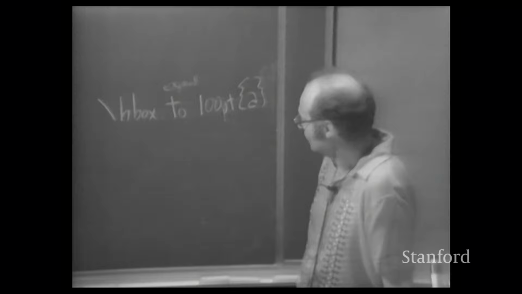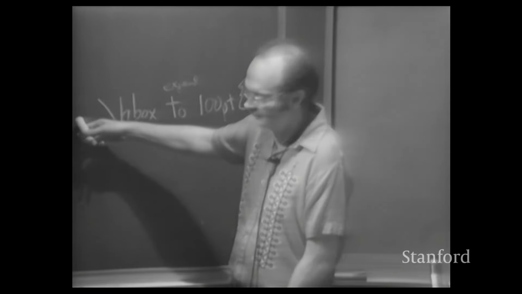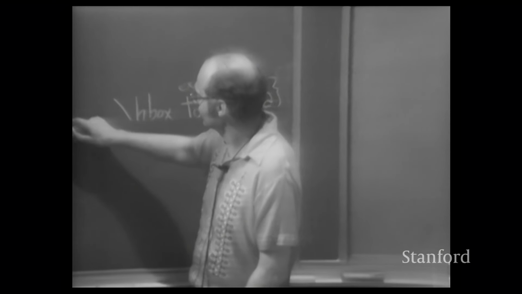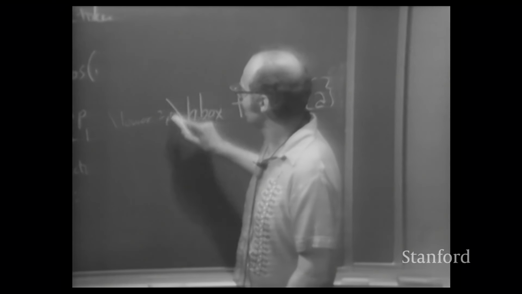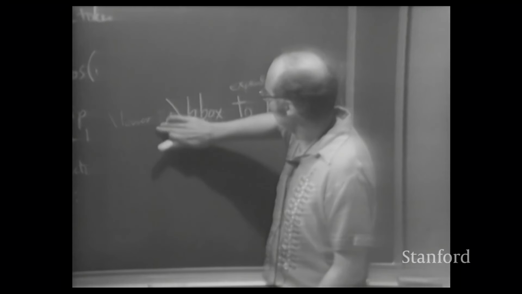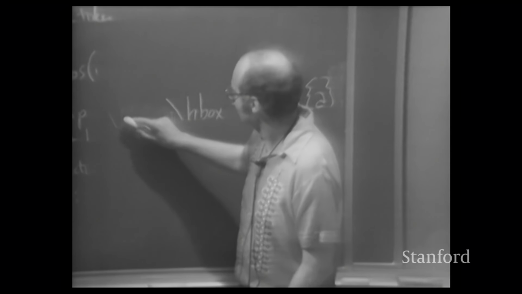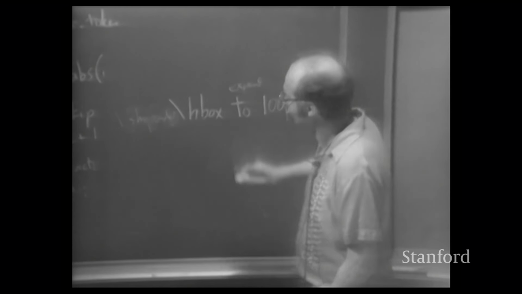Then H box can be used in different contexts. It can be preceded by a lot of different things. For example, it could have been preceded by lower 2 points, and that means move it down 2 if it's in an H list. It could have been preceded by ship out, which says how it goes.